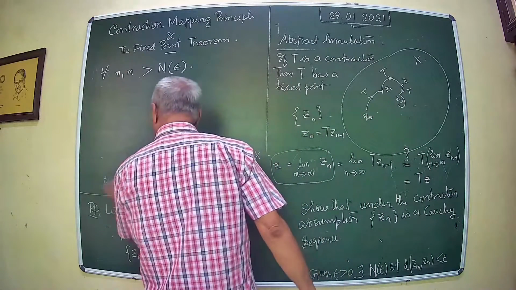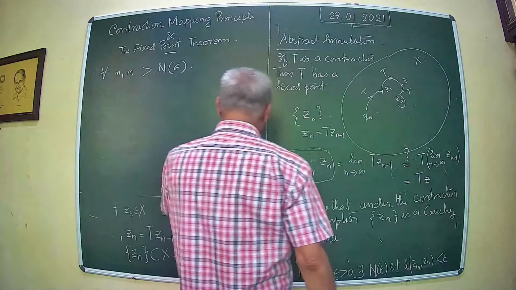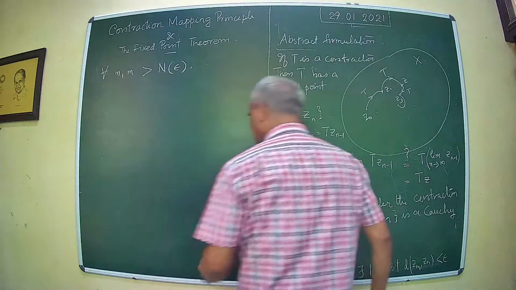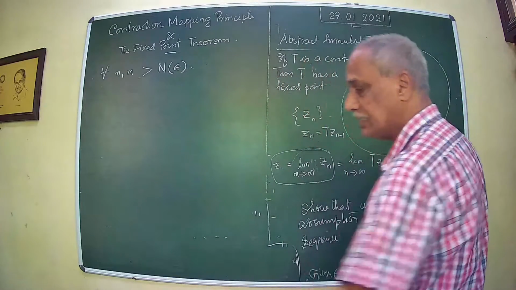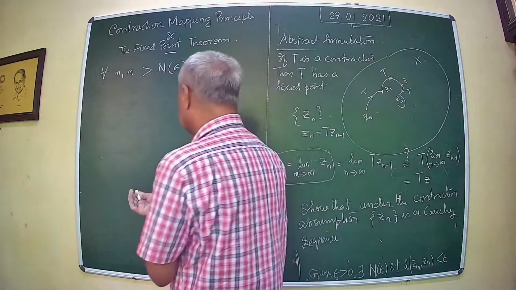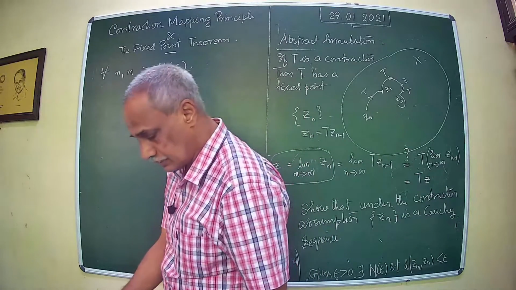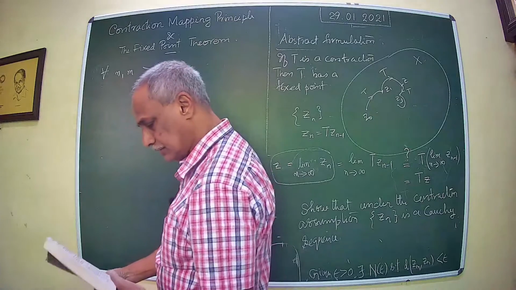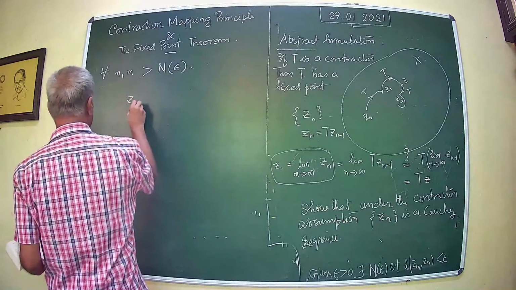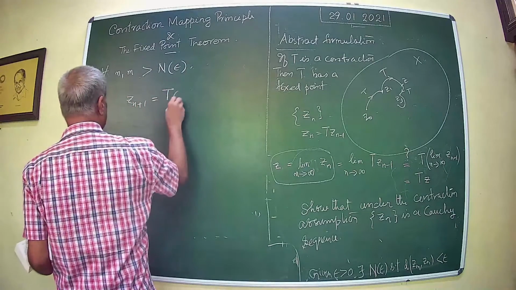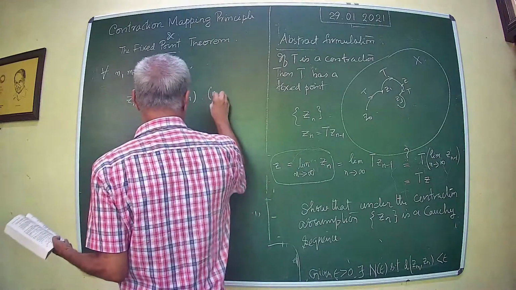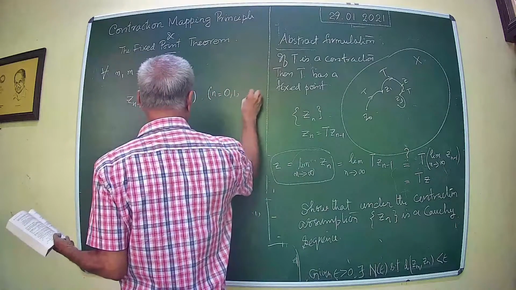So just do that. I mean, that's very easy. What is the condition that is given? It's a contraction mapping. So under the condition that the mapping T is a contraction, you get this result. So what do you have? Okay, let us start working it out.